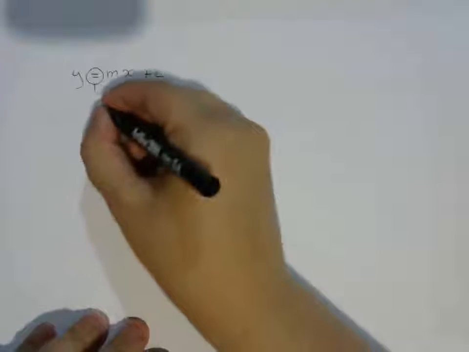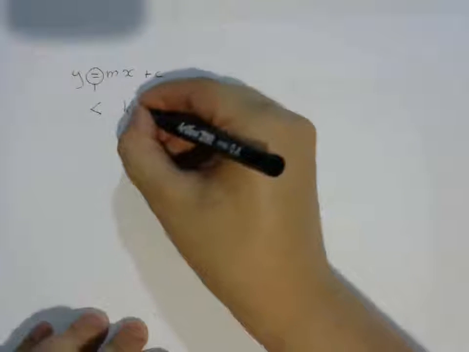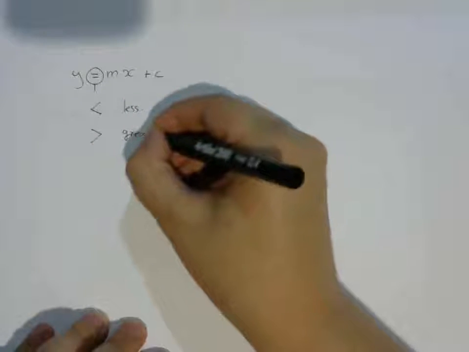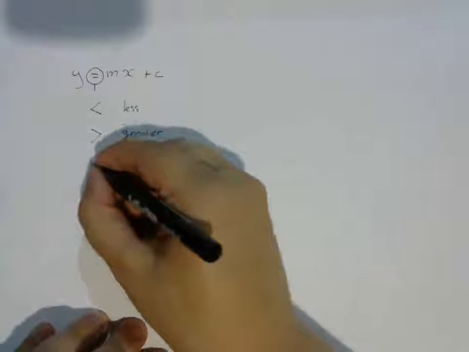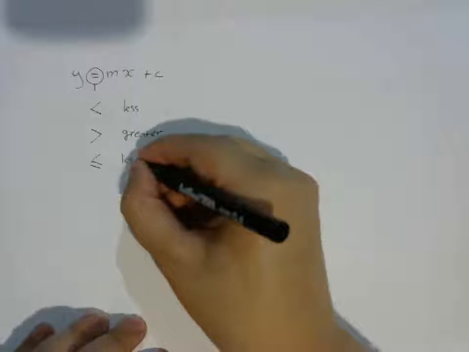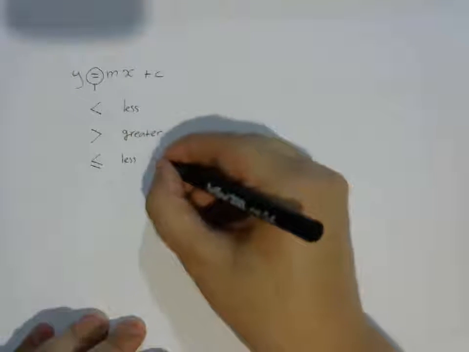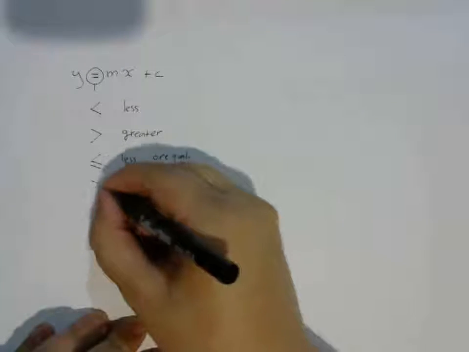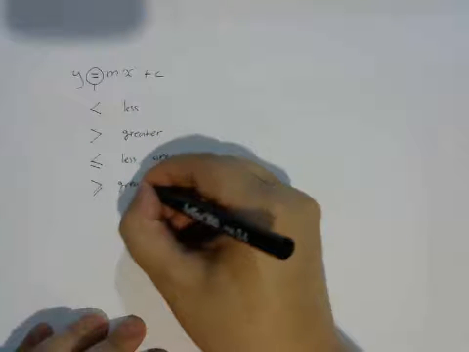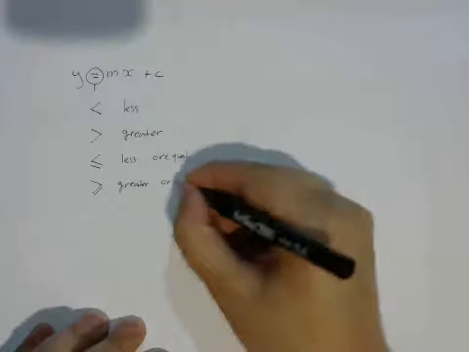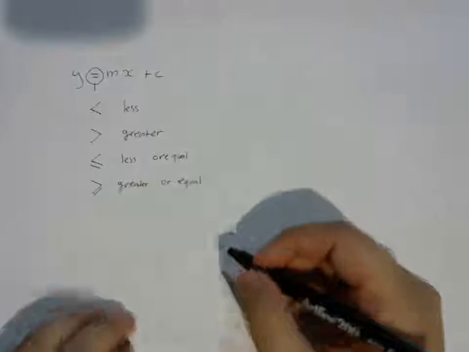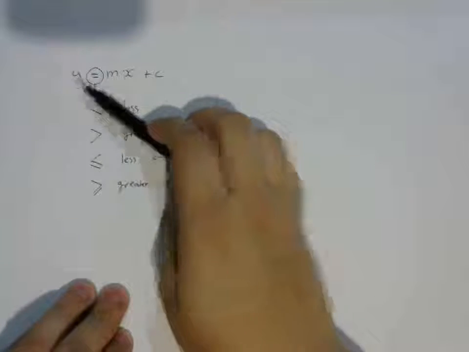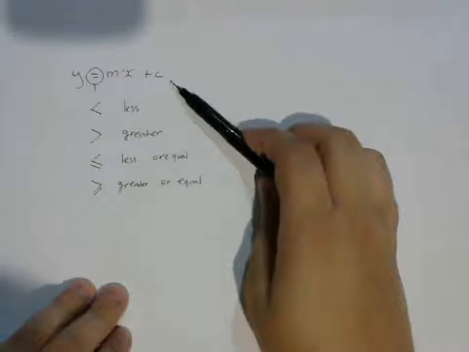For example, this could be the less than symbol, the greater than symbol, the less than or equal to symbol, or it could be the greater than or equal to symbol. Which would mean, for example, with the greater than symbol, that y is greater than the linear equation.